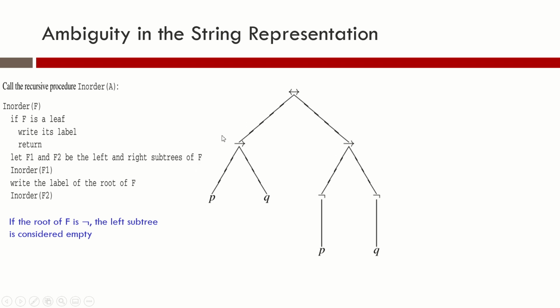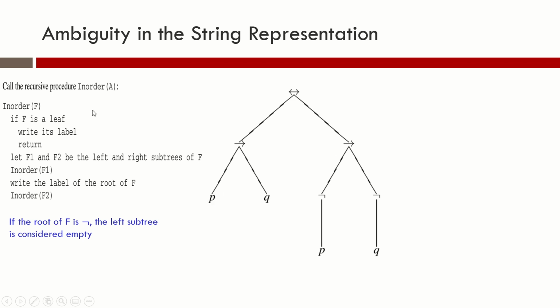Again, we have an operator, and since it is not a leaf, we again call in-order on its left subtree. And now finally we have an atom P. We have the leaf.